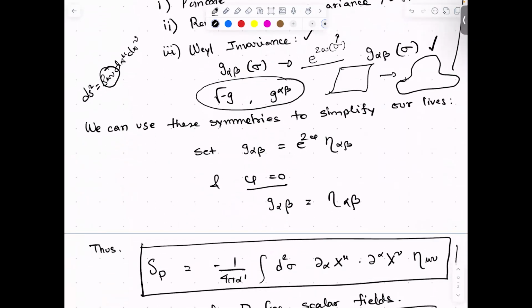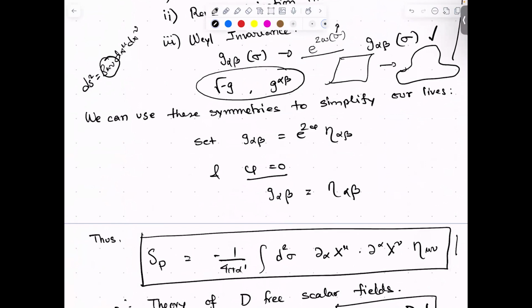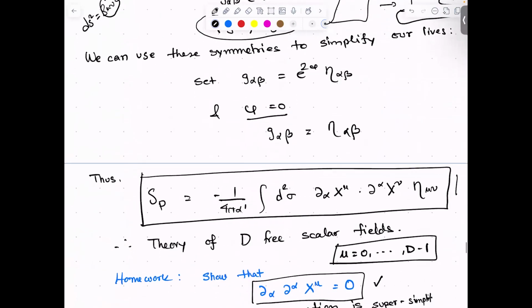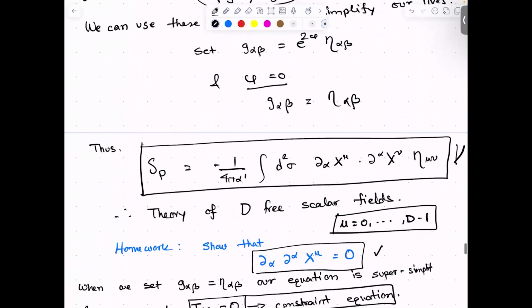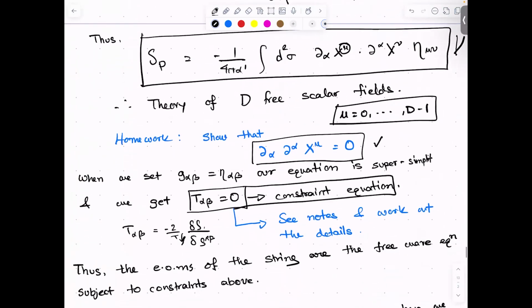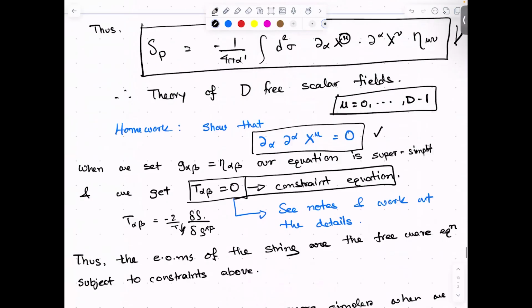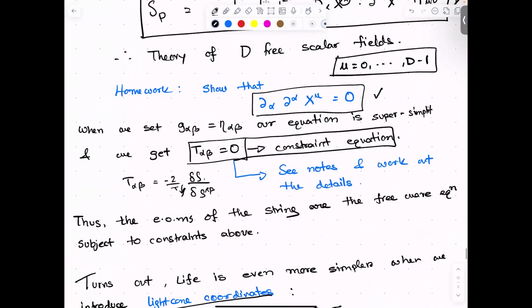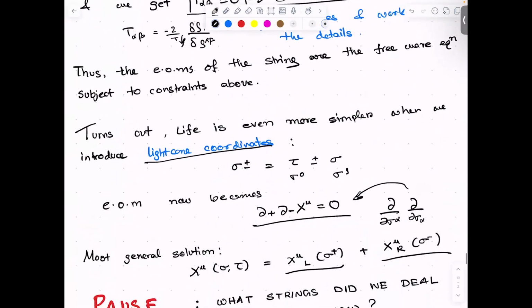And then we can use symmetries to simplify our lives, and we arrive at this very simple equation, which is a theory of d scalar fields, because this index mu can now take d values. And then I promised that your life will be much simpler if you take these coordinates.